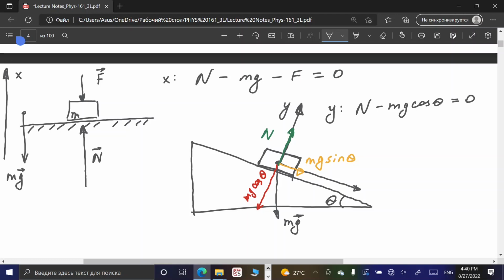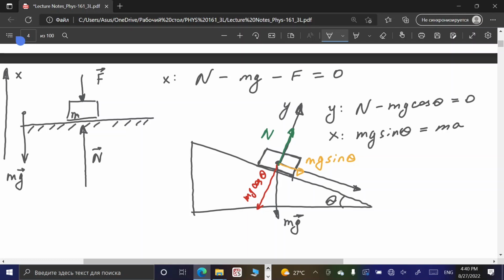So this is the stationary condition. And for axis x, we can write that mg sin theta is equal to m times a. Since we don't have any friction, there is nothing which counterbalances the x component of the weight, which is mg times sin theta.